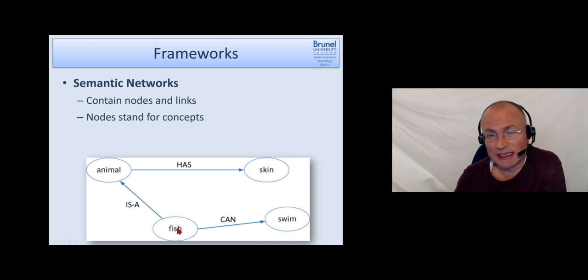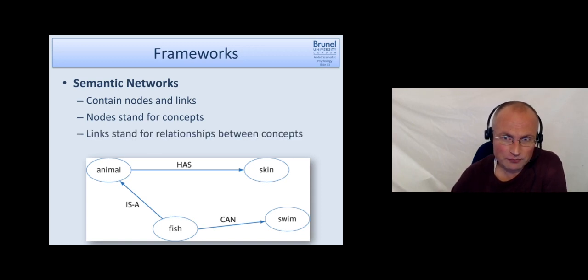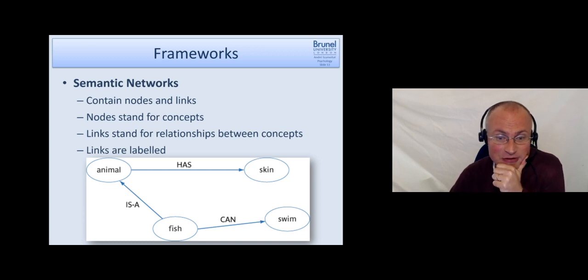It can also be abstract concepts like freedom or things like that. And the links illustrate the relationships between the concepts. So we have the concept animal, and we know animals have skin. And we know a fish is an animal. And fish can swim. Things like that. So these links are labeled like this.